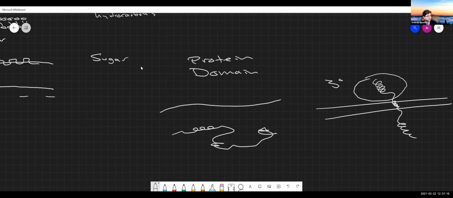The extracellular domain, right? The one on the outside, sure. Okay, and the middle part here, that's called the transmembrane domain. Remember, trans means across, right? Cis and trans isomers. The trans isomer is the one that's on the other side. The transmembrane domain goes through the membrane. It goes across the membrane.